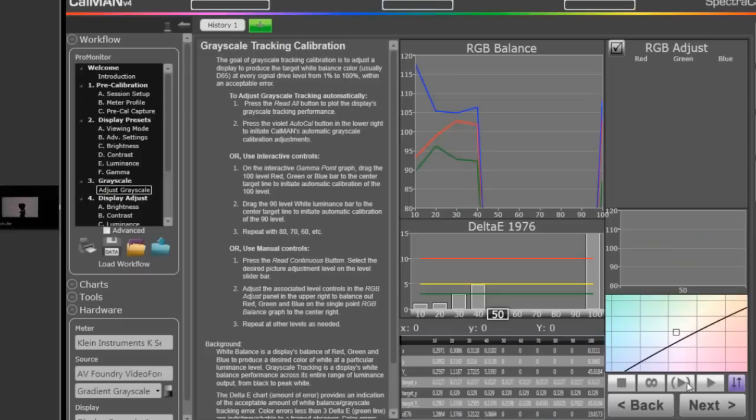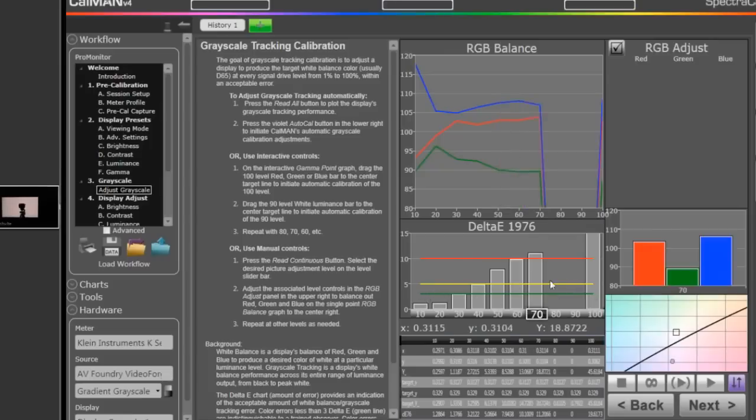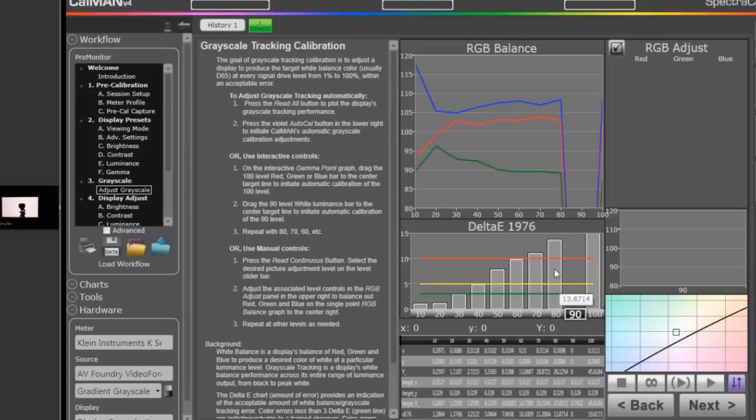You'll also notice in the delta E chart in the middle of the screen here, there is a green line marking a delta E level of 3, the yellow line marking 5, and then red is 10. And you'll see that the uncalibrated color of white at this 80% level, for instance, is beyond the 10 level.